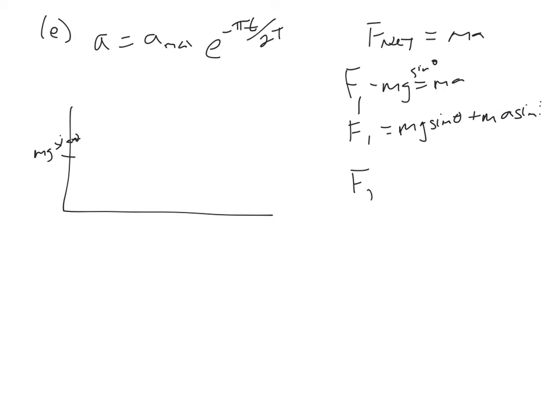And in the second scenario, it's mg sine of theta plus ma e to the negative pi t over T. So basically what you have to realize is in this scenario, as we change t from 0 to big T, this equation ends up going from sine of 0 to sine of pi.